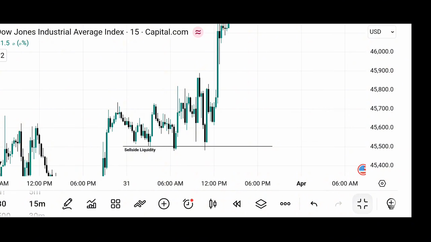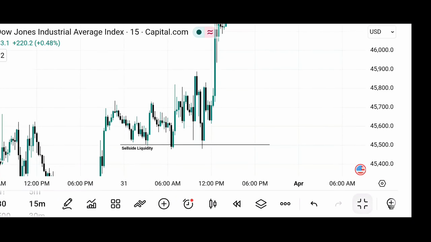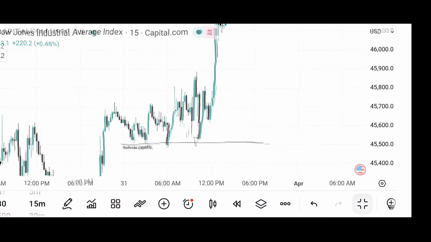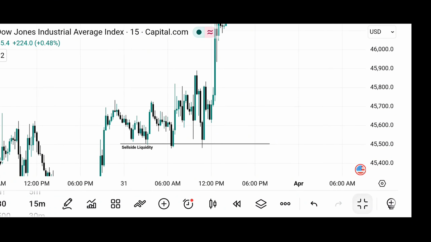A divergence can hint at a potential reversal or shift in direction. The Nasdaq, S&P, and Dow Jones, these three indices usually move together, so when one behaves differently, it gives us the information of a divergence taking place.